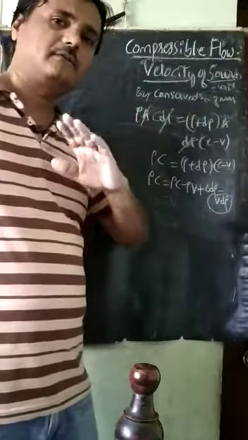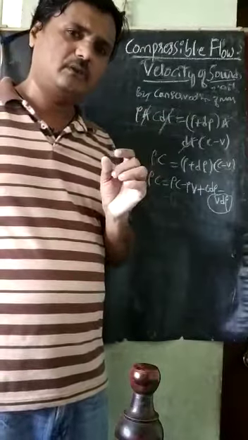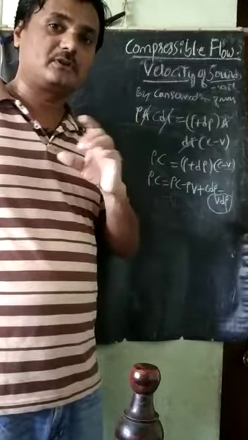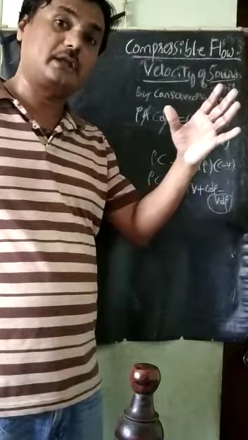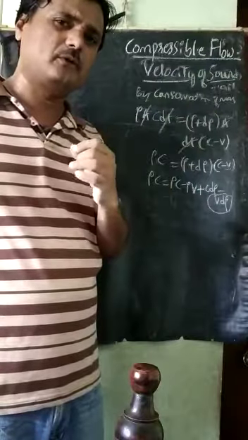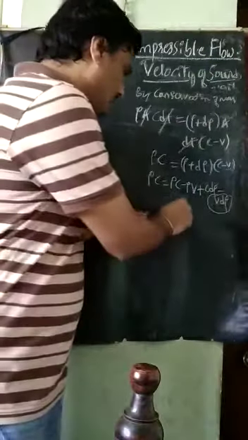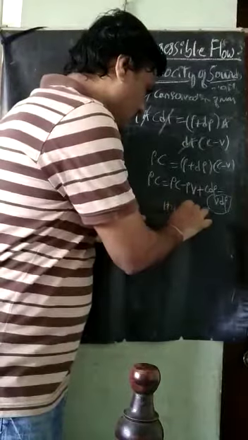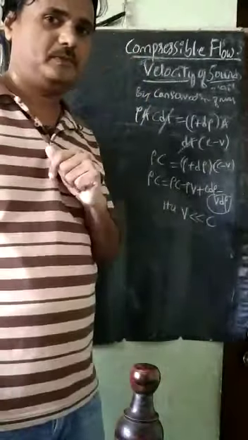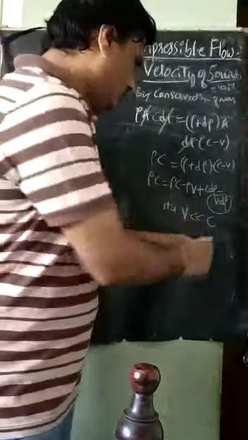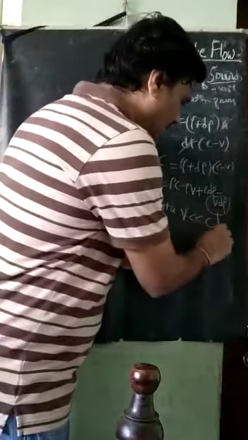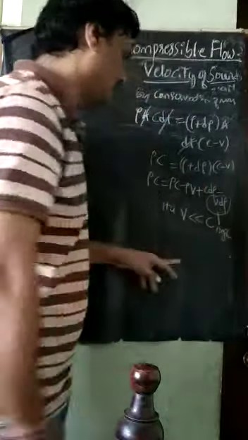In the model we have studied, the piston will move distance x, but the pressure wave will move a very high distance like L. It is a far away distance it will move. Here the velocity of the piston is very much less than the velocity of the pressure wave. Therefore this total term is very small, so it is neglected.